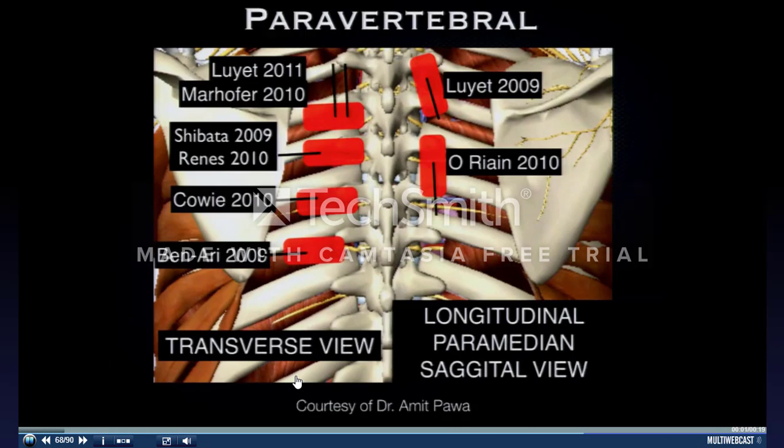Now paravertebral, I haven't even added the needles to this particular slide yet, which is courtesy of one of my friends. And these are just the probe positions. So all the publications, they haven't decided exactly which is the best needle advancement, but there's lots of different descriptions.